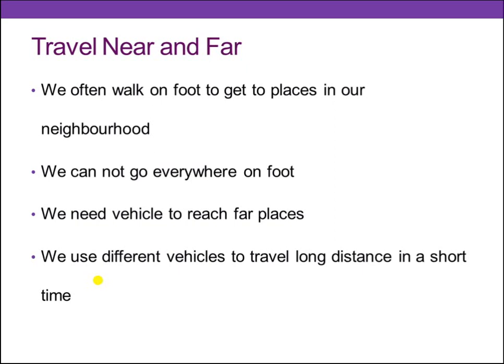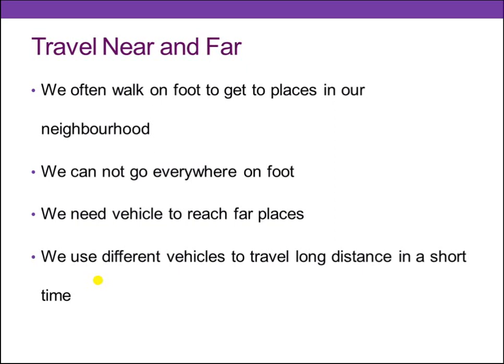Some places are far. For example, if you want to go from Coimbatore to Madras, is it possible to go on foot? No, it is not possible. So in such a case we need some vehicle or transport, isn't it? Yes.